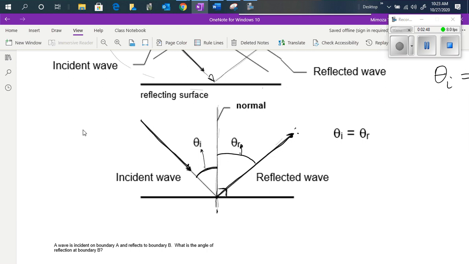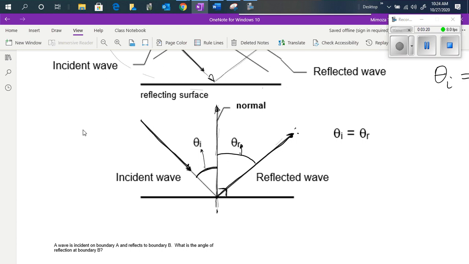Now you may ask, why are we drawing the normal, the perpendicular to the surface? Because in math and in the world of physics, every surface is identified by a vector, and this vector that identifies the surface is perpendicular to the surface. You will learn it when you go to a higher level.